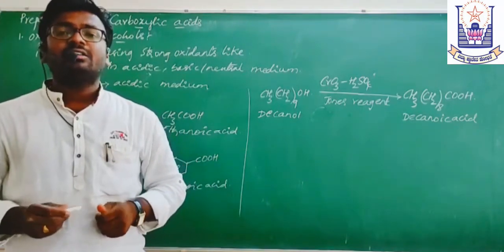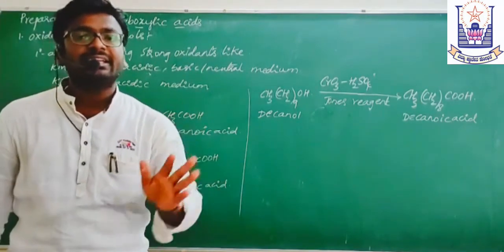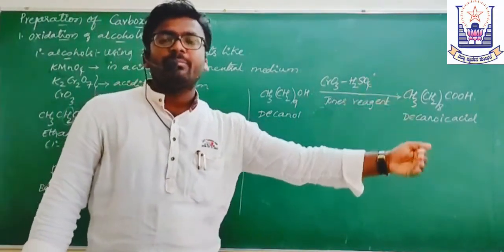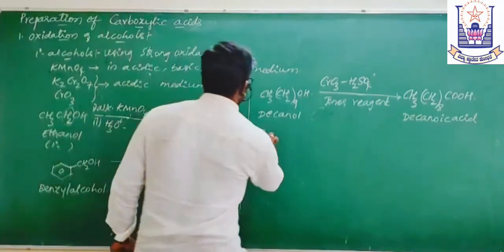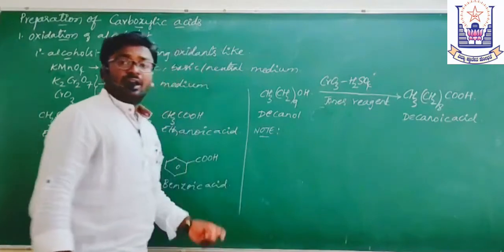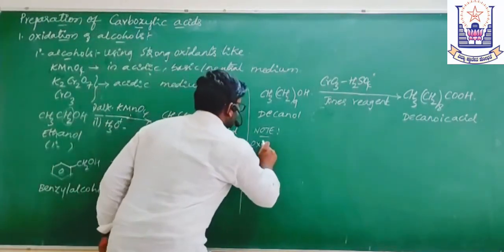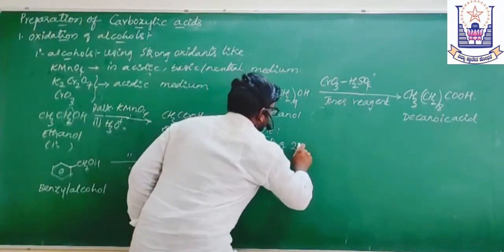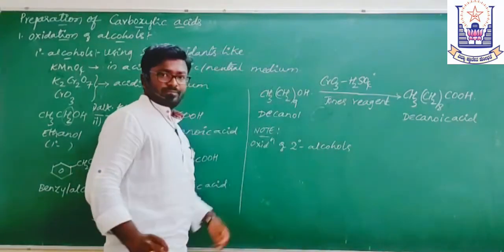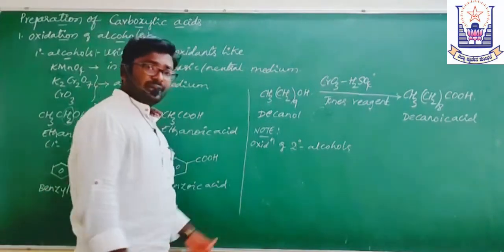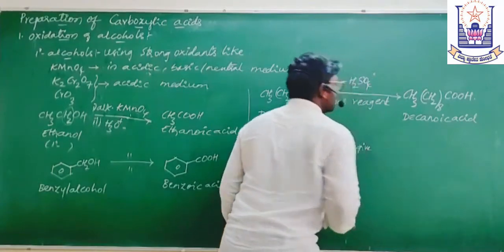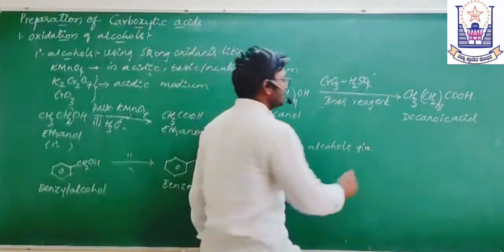Whereas the oxidation of secondary alcohol will give a lower member carboxylic acid. That is a very important note: oxidation of secondary or even tertiary alcohol gives lower carboxylic acids.